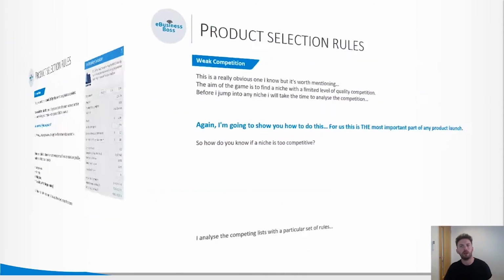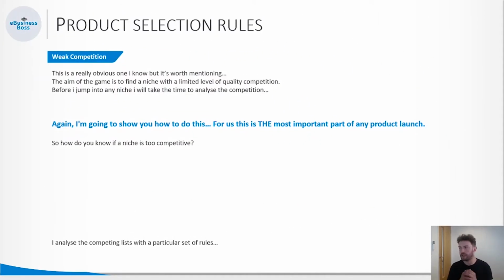So product selection rules. This is a very important rule to follow, especially if you're just starting out. So we are looking for an area of the market with weak competition. And this might be a bit obvious, but obviously it's worth mentioning because I'm going to show you practically how you can find opportunities that fit this rule. The aim of the game is to find a niche with limited levels of quality competition.